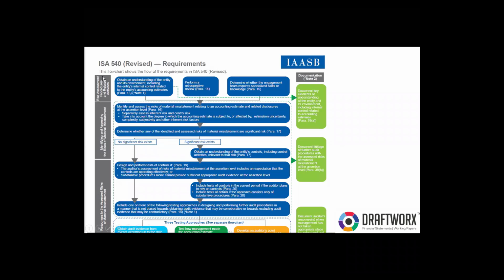So these key topics that I've listed in our agenda: risk assessment procedures, identifying and assessing the risk of material misstatement, responses to risks, disclosures, management bias, overall evaluation, and written representations, all of them are on the left-hand side, and then you can see here are the steps.